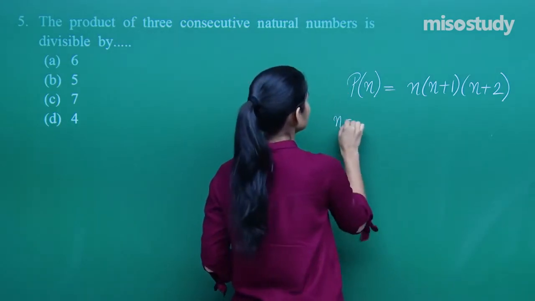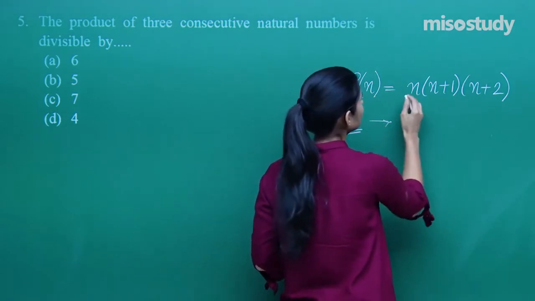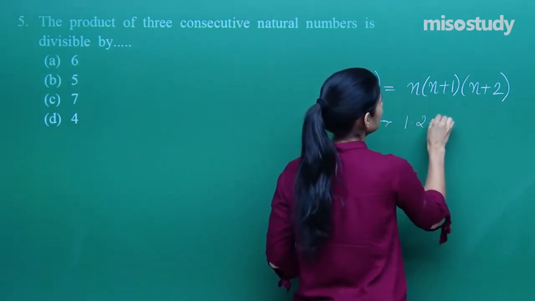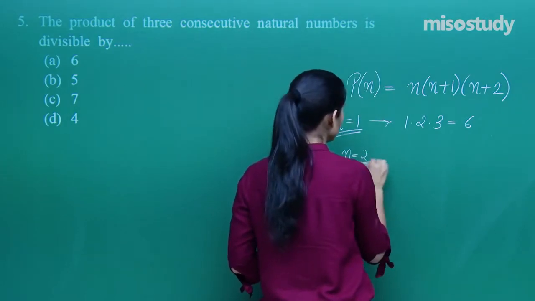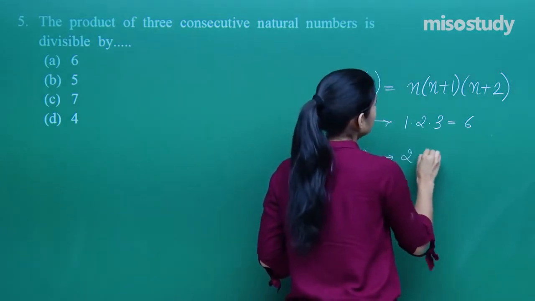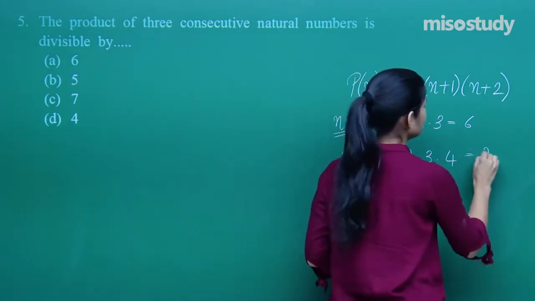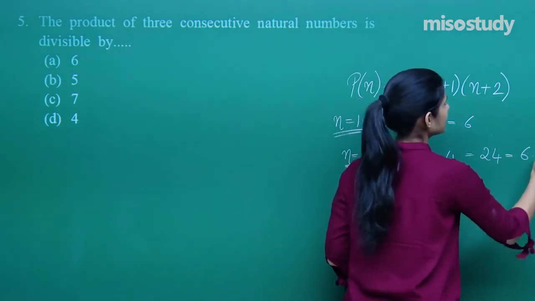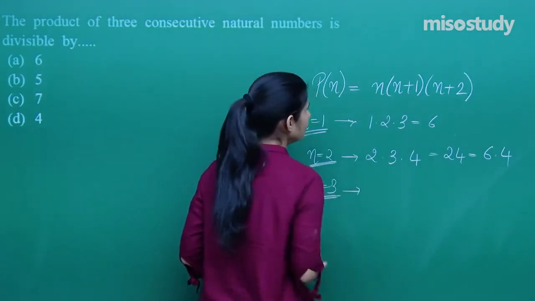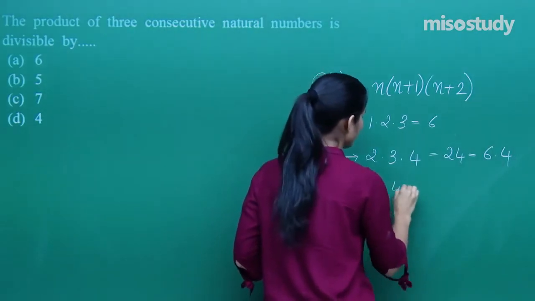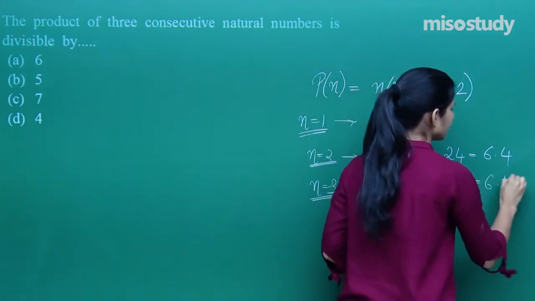If I put n equals 1, you get 1 into 2 into 3, which is 6. If you put n equals 2, you get 2 into 3 into 4, which is 24, which can be written as 6 into 4. If you put n equals 3, you get 3 into 4 into 5, which is 60.